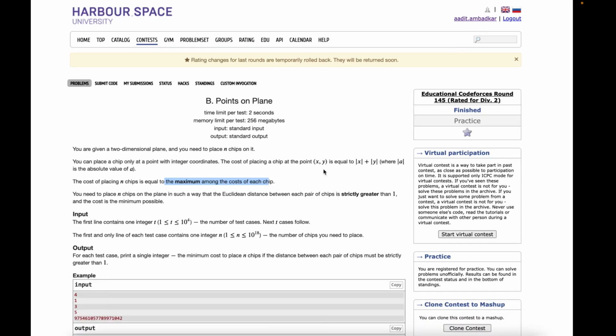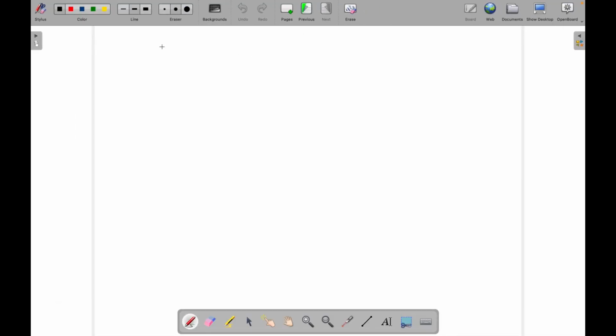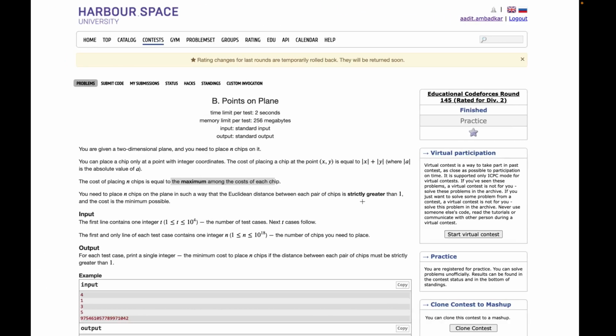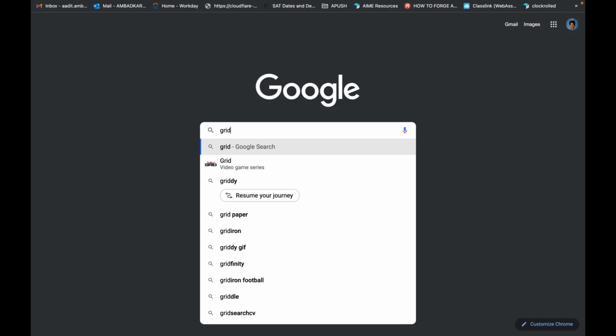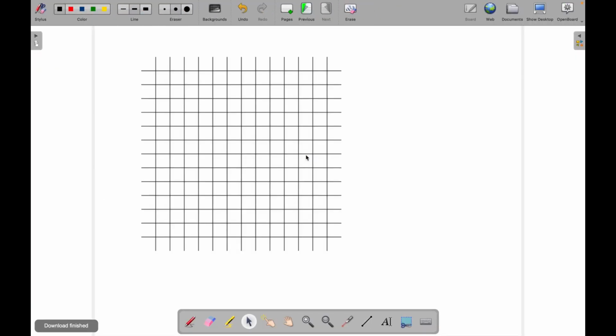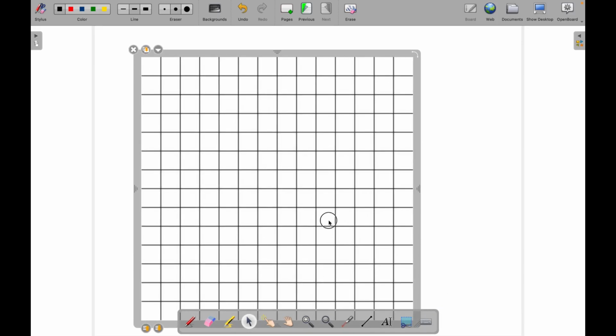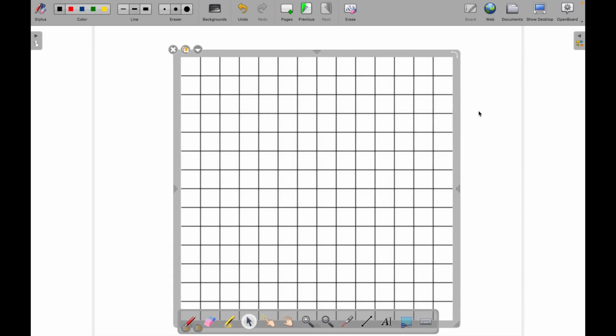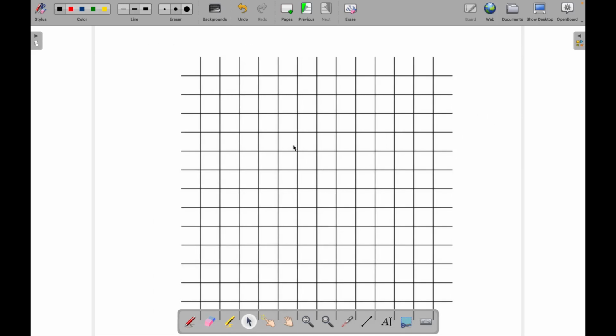So let's tackle this problem. And we're going to do this by drawing a grid. So quick little grid montage time. Okay, so I got myself a grid, and what I'm going to do is I'm going to label the origin here.